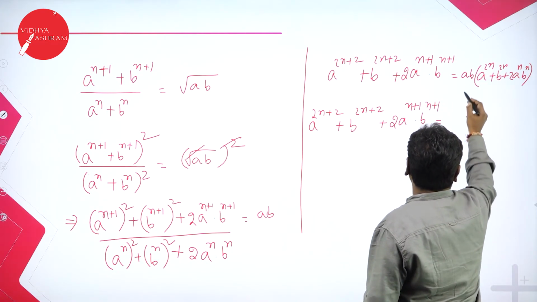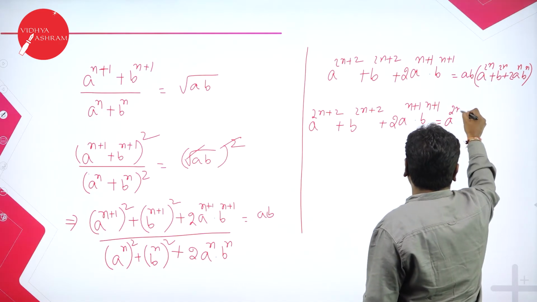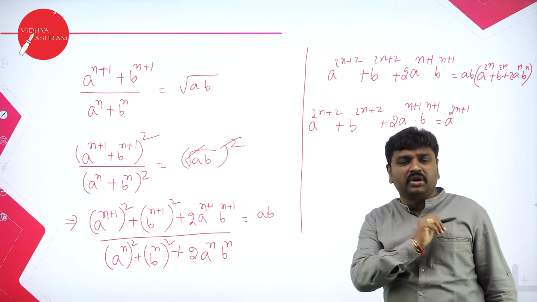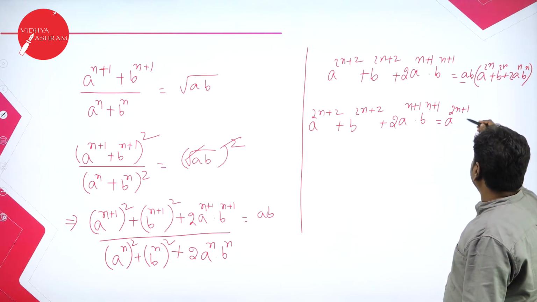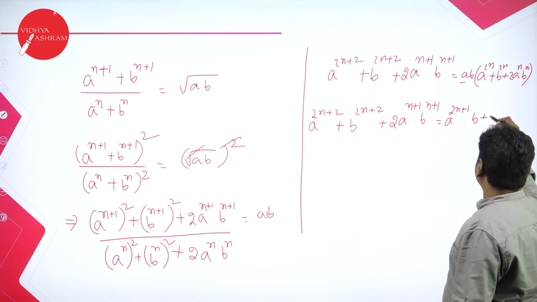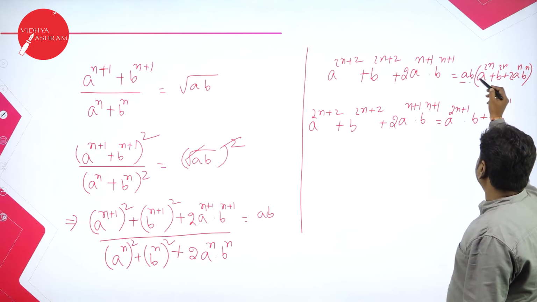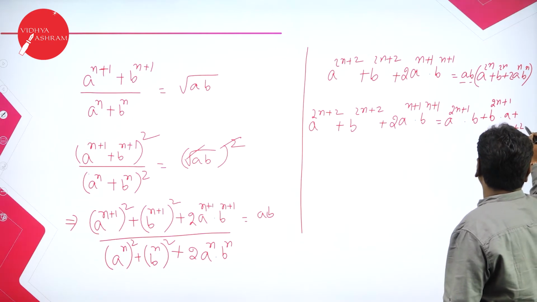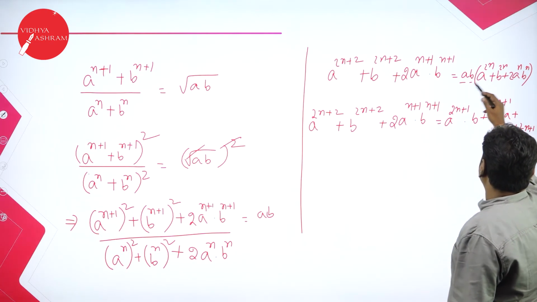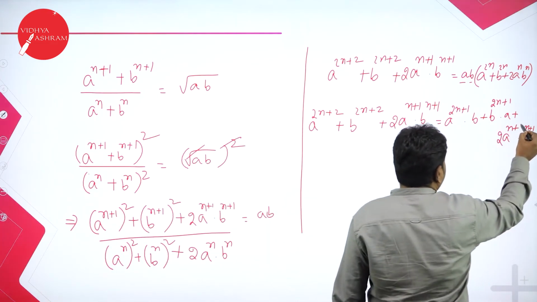If you multiply this, if I take term a into a^(2n), using law of indices, all of you know a power m into a power n is what? a power m plus n. So a into a^(2n) is a^(2n+1), into b. This b comes as it is, b^(2n+1), because b into a, plus 2 times a^(n+1) b^(n+1).